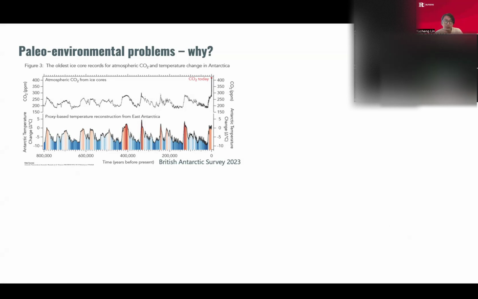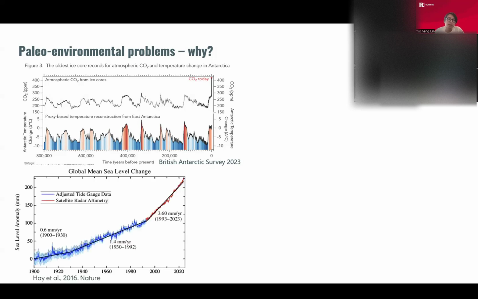So some of the background: why are we interested in paleo sea level spatial temporal hierarchical modeling? Because we see this kind of environmental change from the ice core, and we see this unprecedented CO2 level in the atmosphere. We want to know how our environment reacts to climate change, so we want to get some information from the past.